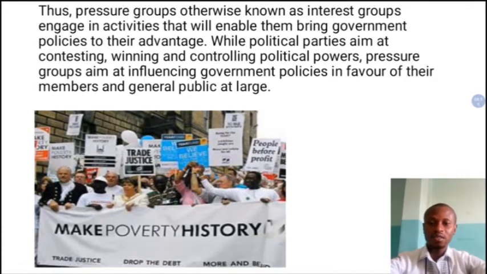Now, if we look at this picture, we will see a group of people with placards, with a banner, and the inscription on the banner saying, "Make poverty history." So there is a demand here. There's demand by this group. Protesters, peaceful protest is ongoing here. And their request is that the government should make poverty a history.